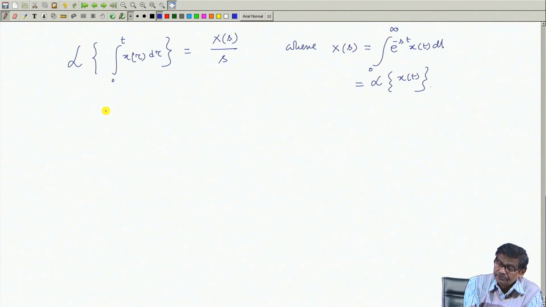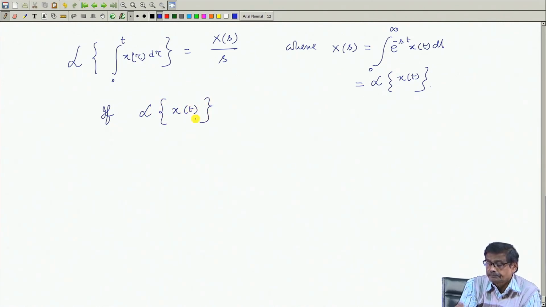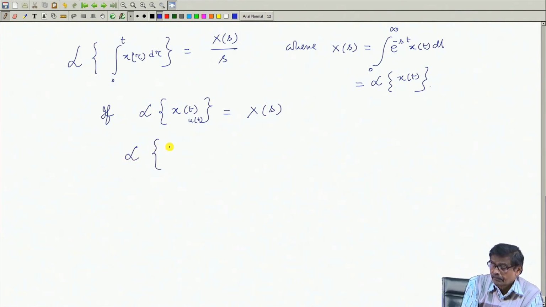It is a one line proof. If the Laplace transform of a signal x(t) u(t) is equal to X(s), what will be the Laplace transform of this function t x(t) u(t)?